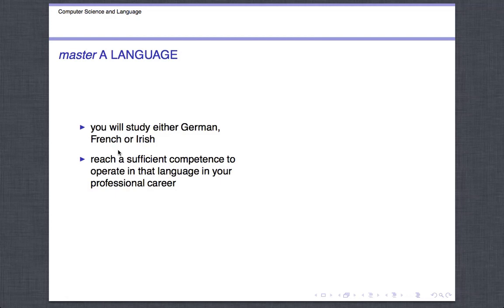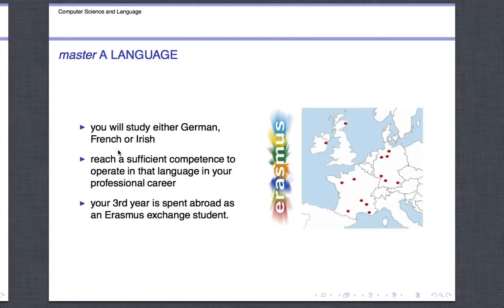So this is not conversational holiday French or German or Irish. I want to point that out. They will make serious demands on you in reaching a high level in the language.